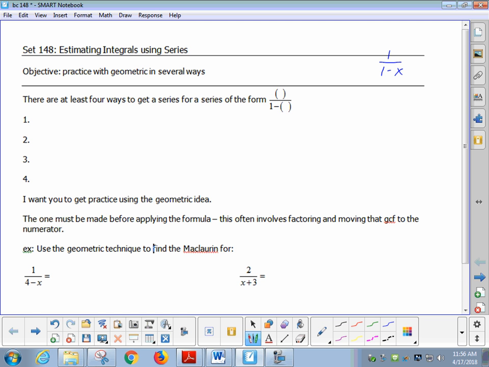What's one way? Integrating? That's the starting point. Let's go with, what's the first thing you did when you did a series?